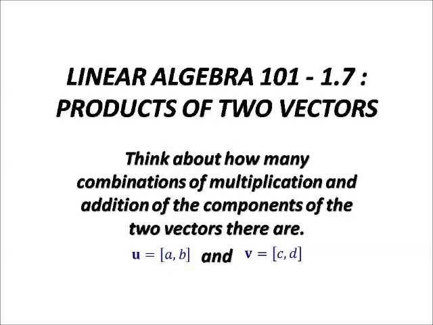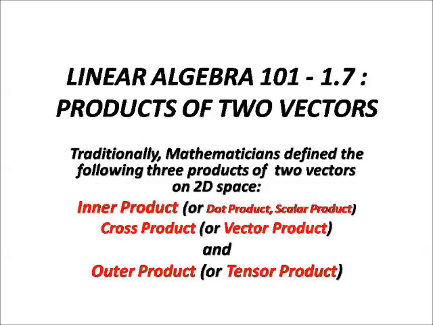Think about how many combinations of multiplication and addition of the components of the two vectors there are between u and v. Traditionally, mathematicians define the following three products of two vectors on 2D space: inner product, cross product, outer product, or dot product, scalar product, vector product, and tensor product.